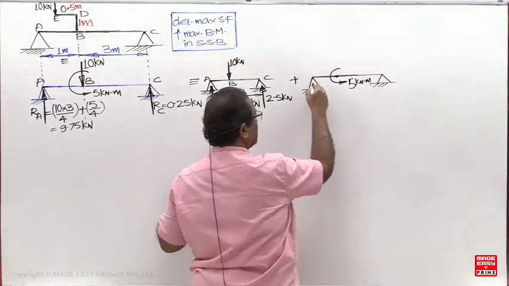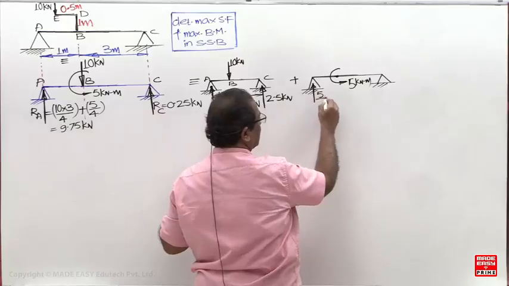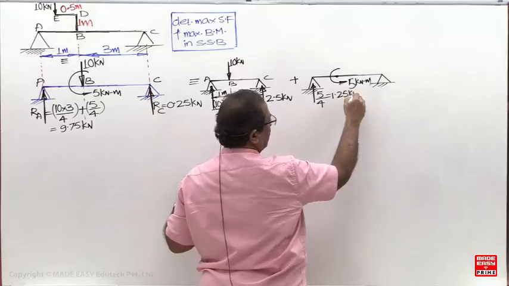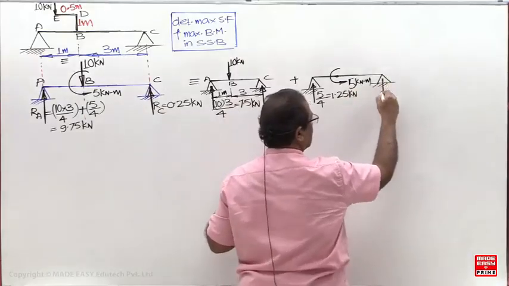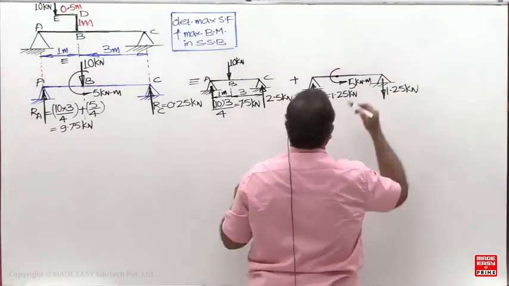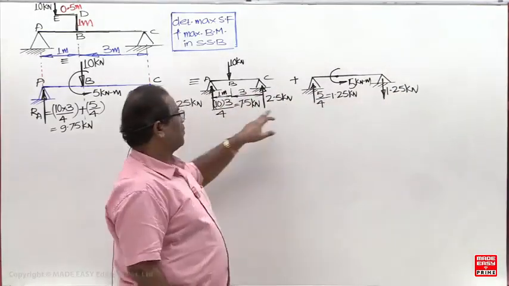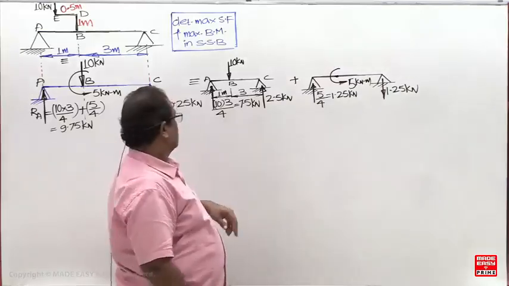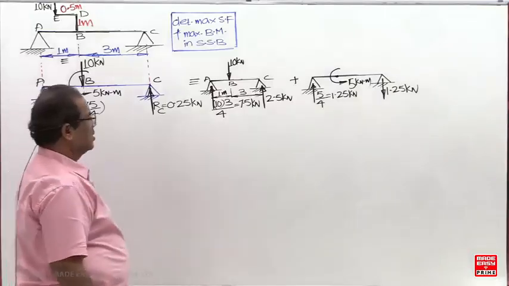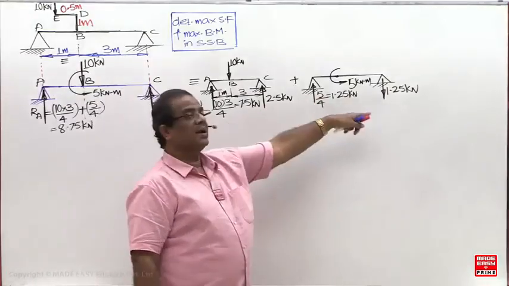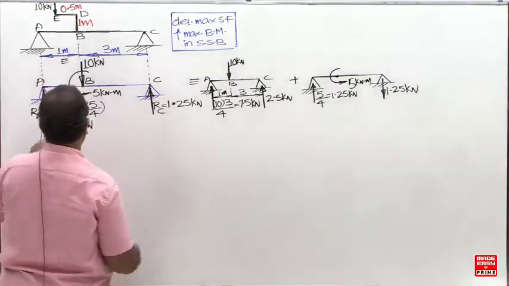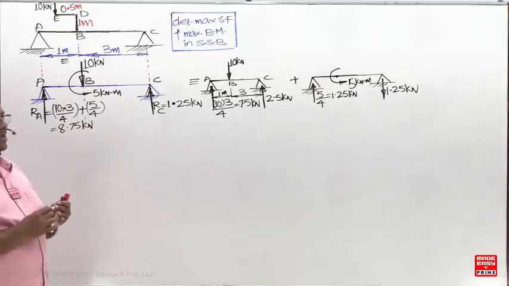The reaction is 5 by 4, which is 1.25. And what about this reaction? 1.25 downward. Now I can add them: 7.5 plus 1.25. Sir, 8.75, it is not 9.75, it is 8.75. And this one: 2.5 minus 1.25, it is 1.25. I wrote it correctly, but I made a small mistake in the addition.